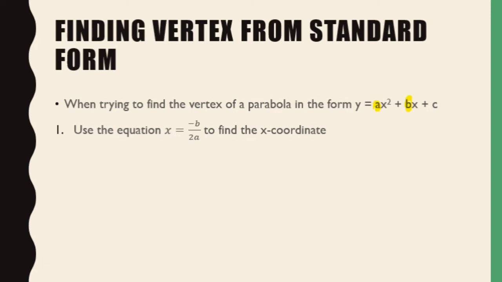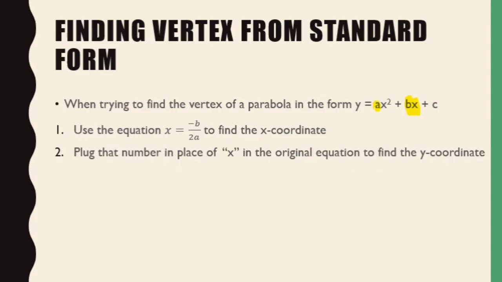If there's no number in front of the x squared, then a is going to be 1. If there's no number in front of the x, then b is going to be 1. If there is no middle term or no x term at all, then b is going to be 0.